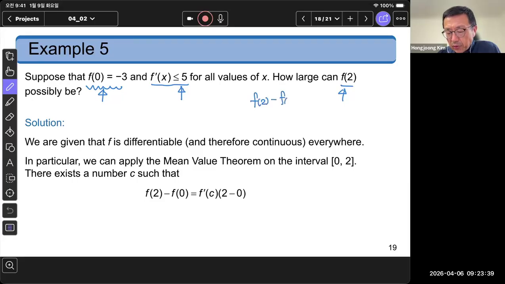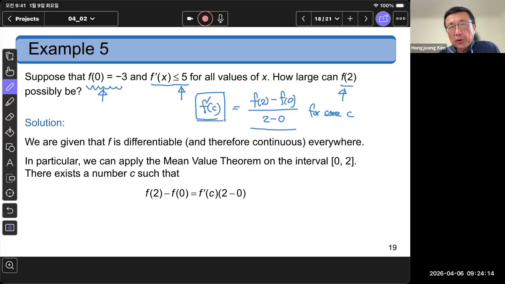If I consider the mean value theorem, that will be satisfying some equation like this for some C. This ratio must be the same as this value for some C. And I know that f prime at C is bounded by 5. So this ratio cannot be greater than 5.